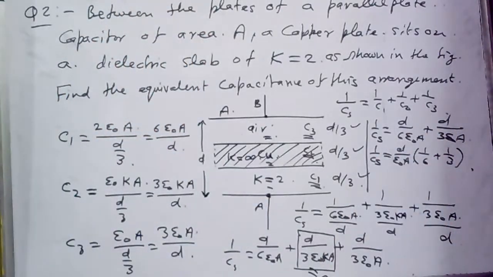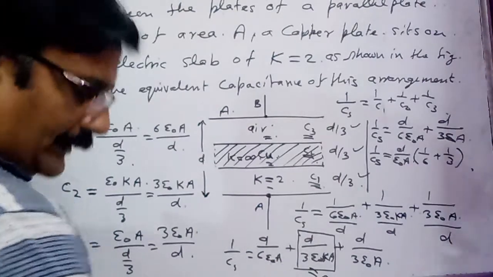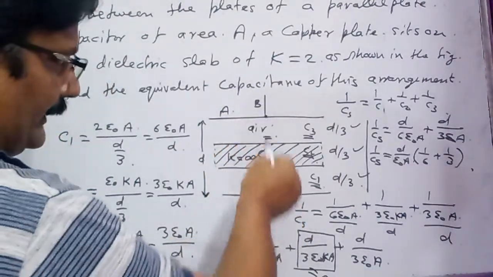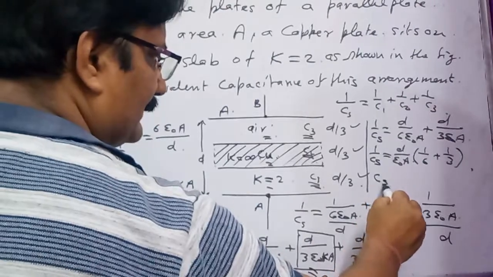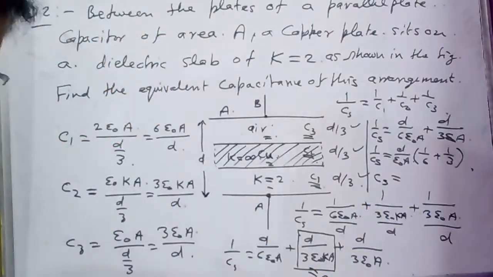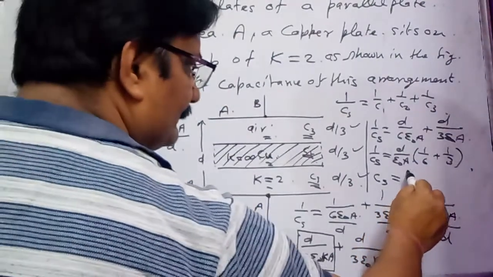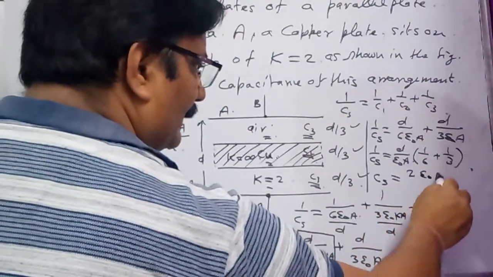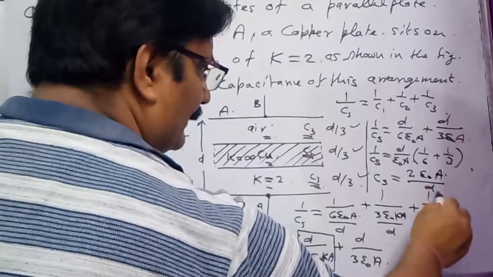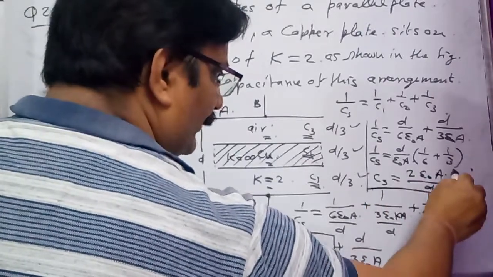If you solve this value, you are going to get 1 by Cs is equal to D divided by 2 epsilon naught A, and the equivalent capacitance between points A and B, Cs, is equal to 2 epsilon naught A divided by D. This would be the answer for this question.